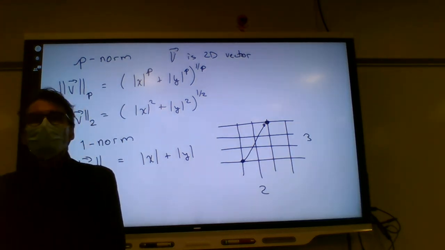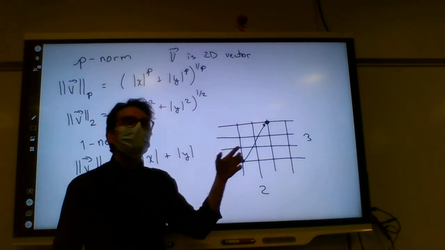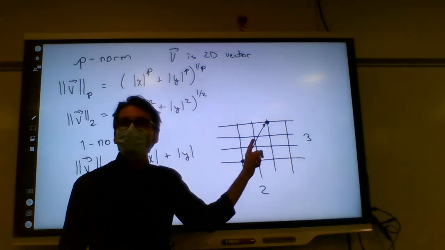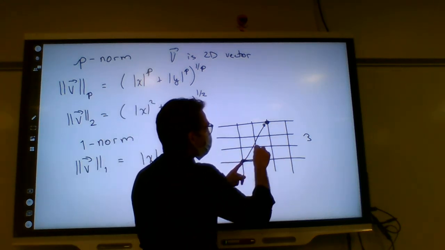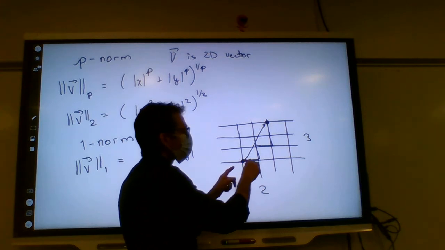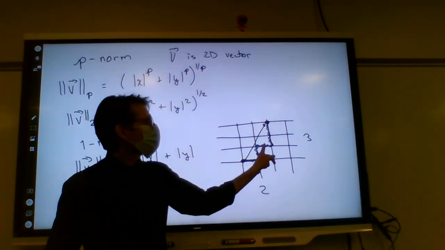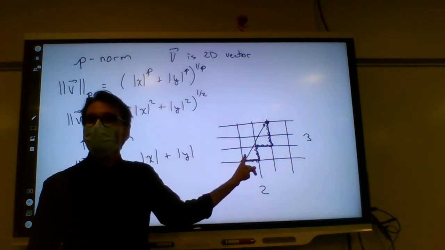But we would say 5 blocks, and what this one norm does is measures if you have to stay on the grid. Right? You have to get from here to here, staying on the grid. What could we do? We may move straight over and straight up, or we may work our way over like this. But what have we still done? We've still gone 5 blocks for that distance.